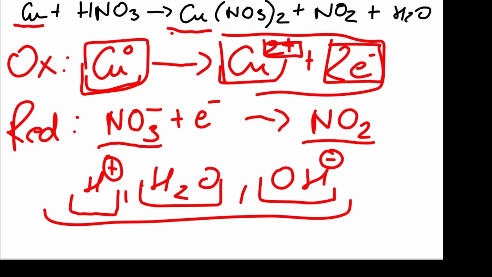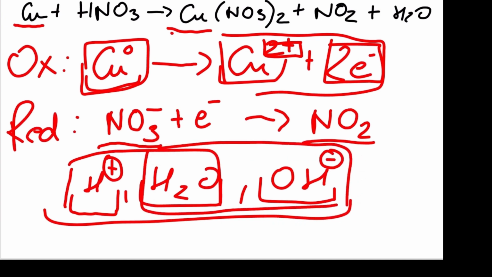So depending on the pH of the solution, we always choose two types of particles: H plus and water, or water and hydroxide anions.